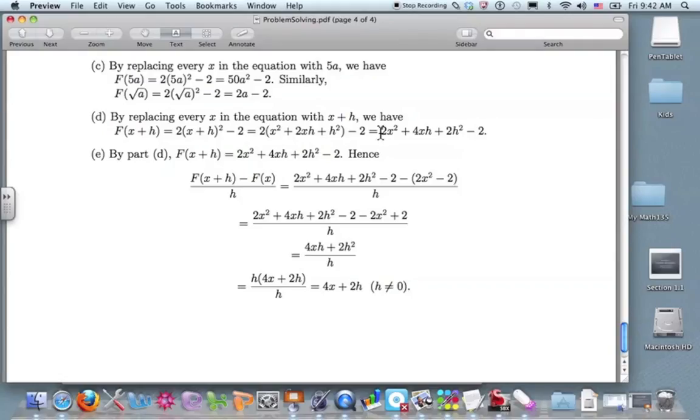So here comes f of x plus h, and this whole term is replaced in the first portion. Then subtract. Again, here is the pair of parentheses, and we copy the formula f of x and distribute the negative sign into each term.